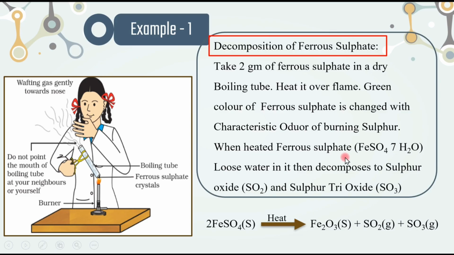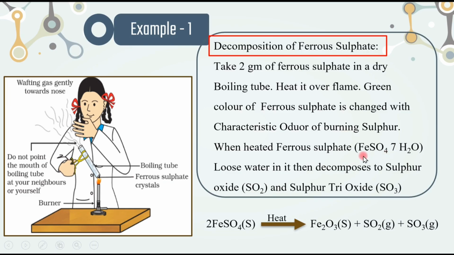When ferrous sulfate is heated, it loses water and decomposes into ferric oxide, sulfur dioxide, and sulfur trioxide. Dear student, here the crystalline ferrous sulfate, when heated, loses its water content and becomes anhydrous ferrous sulfate.